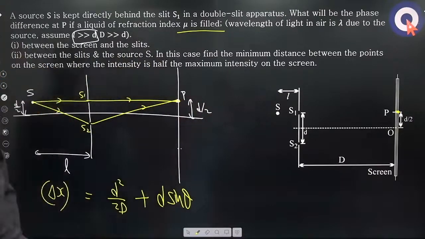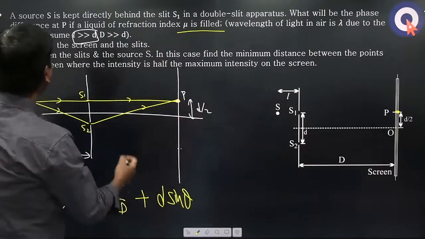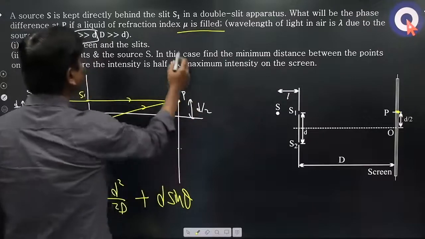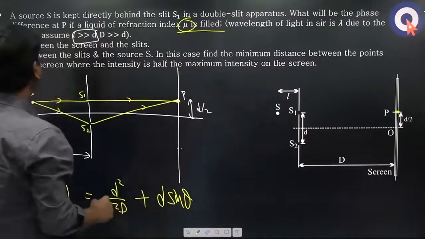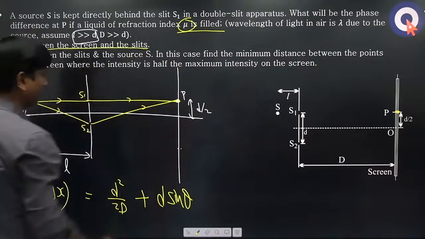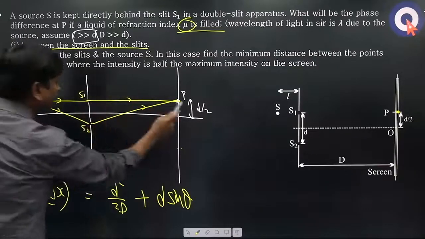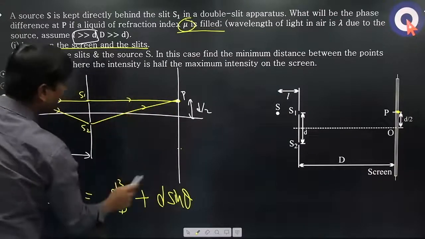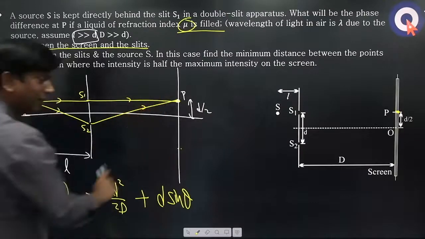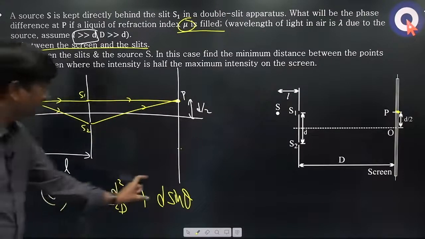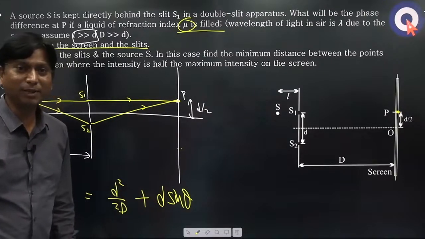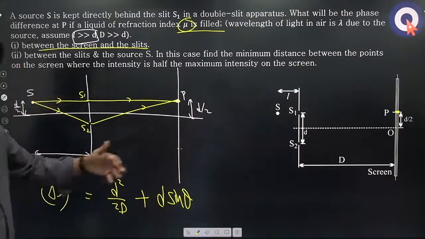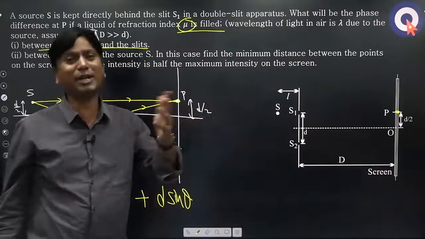Now, they are giving two conditions. You are filling with a liquid of refractive index nu between the screen and the slits. Whenever you are filling with a liquid in this place, whatever geometrical path difference you were getting in air will come as nu times of that.